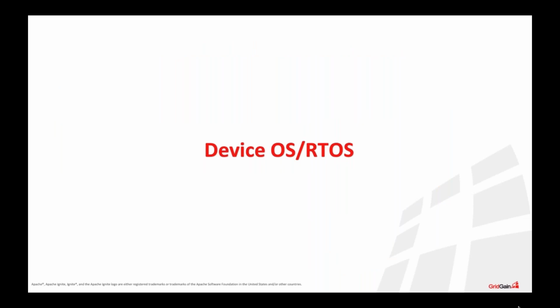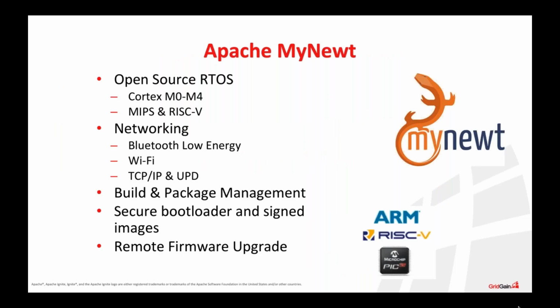As for the device operating system, or real-time operating system, Apache Mynewt. This is a platform that was developed for constrained devices that are powered by the Cortex-M0, M3, M4 family, and it can also be launched on microcontrollers running under MIPS and RISC-V CPUs.